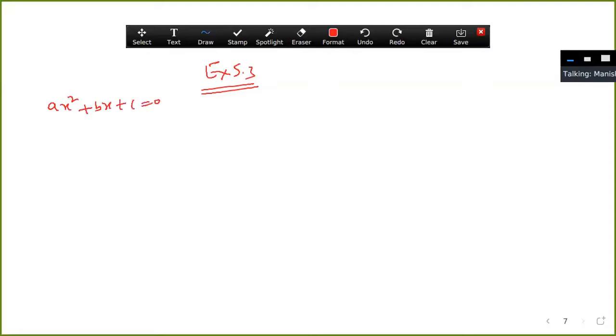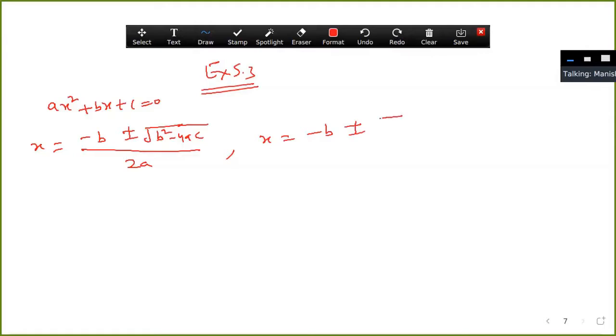Then the quadratic formula which you used in class 10 is x equals minus b plus minus under the root b square minus 4ac upon 2a. Or sometimes it is written as x equals minus b plus minus root d upon 2a, where d is equal to b square minus 4ac.